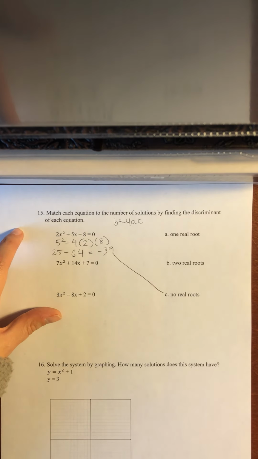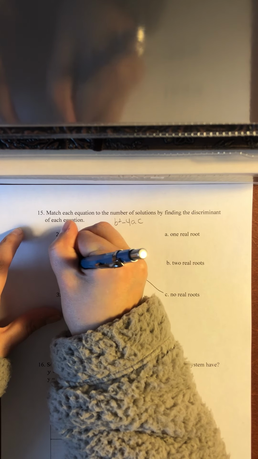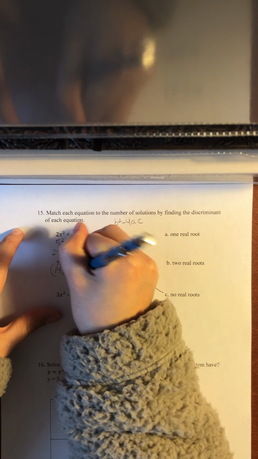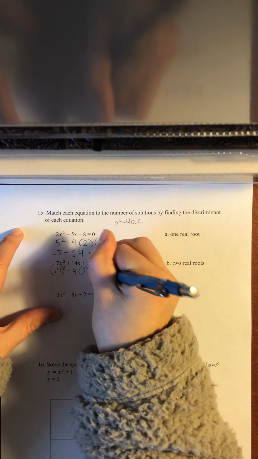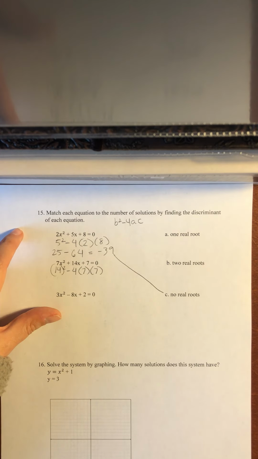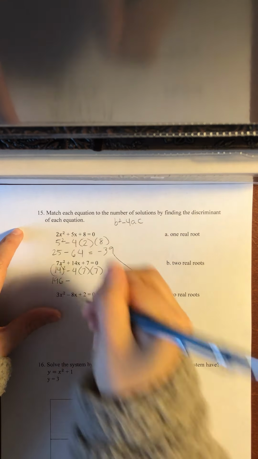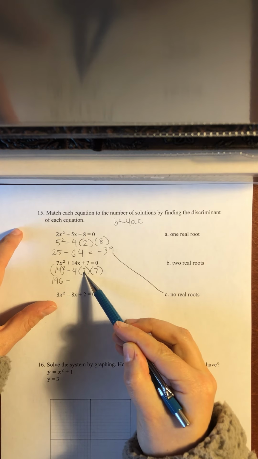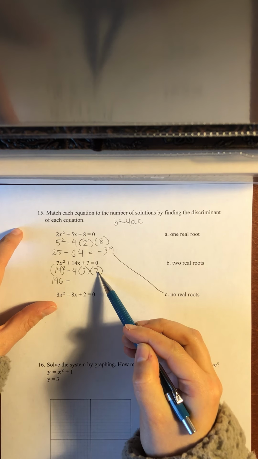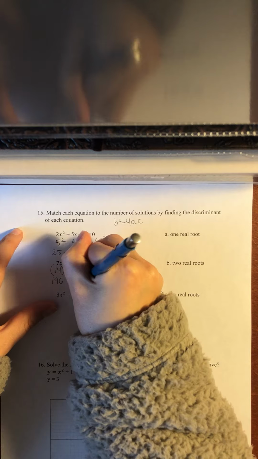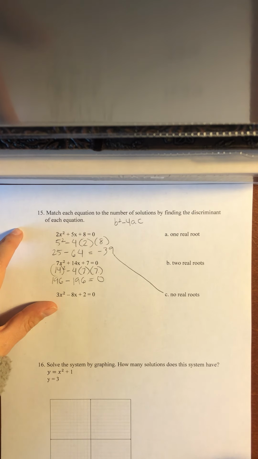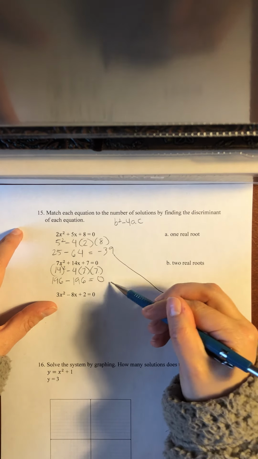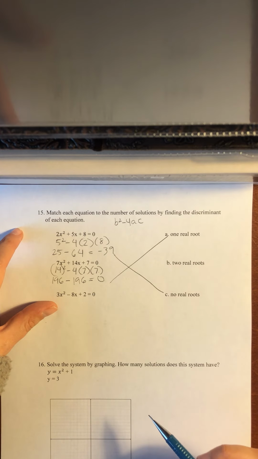or no real roots. For this one, b squared, so 14 squared minus 4ac, that's 196, minus 4 times 7 is 28, times 7 is 196. So 0, so that means that there's one real root.